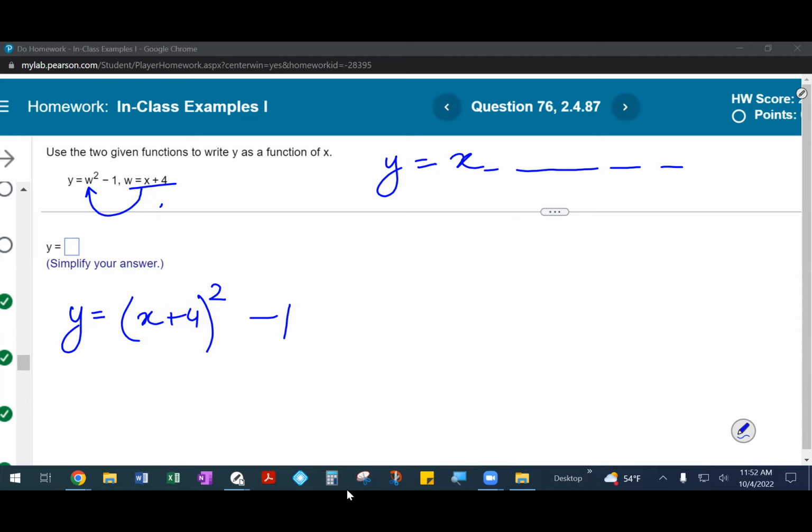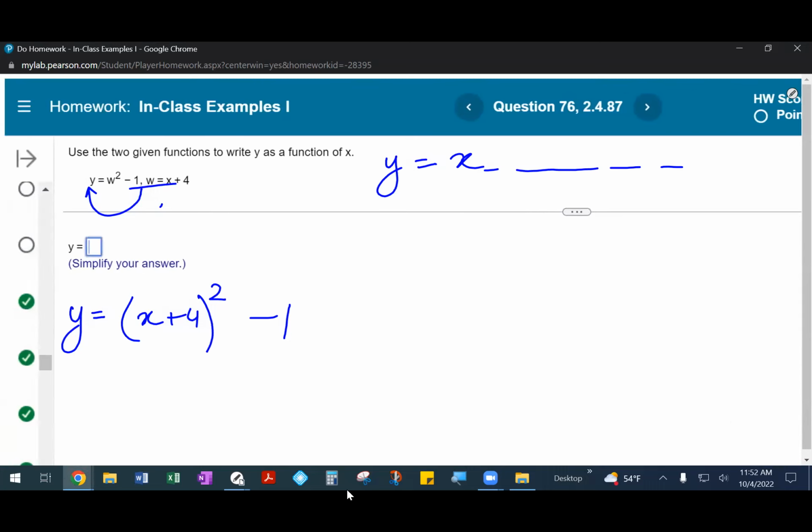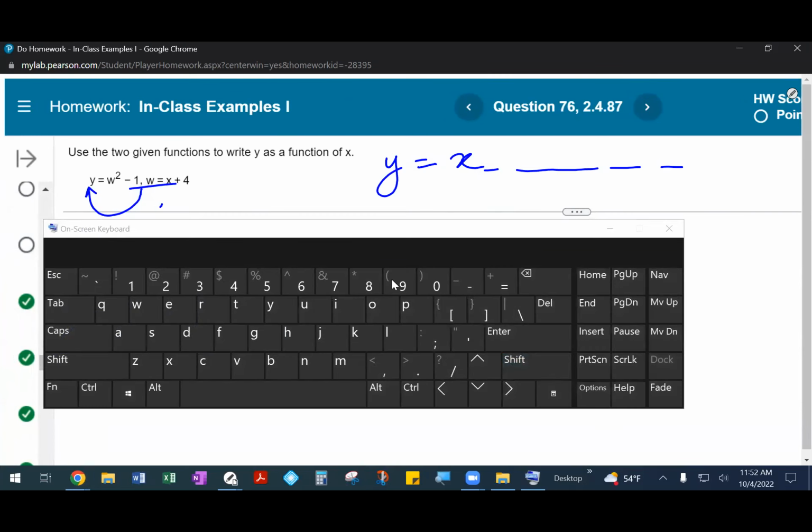And is that all they wanted? Looks like it. So x plus 4 quantity squared minus 1. So let's see, parentheses, x, there's my plus, plus 4, close our parentheses again. Raise this to the second power.